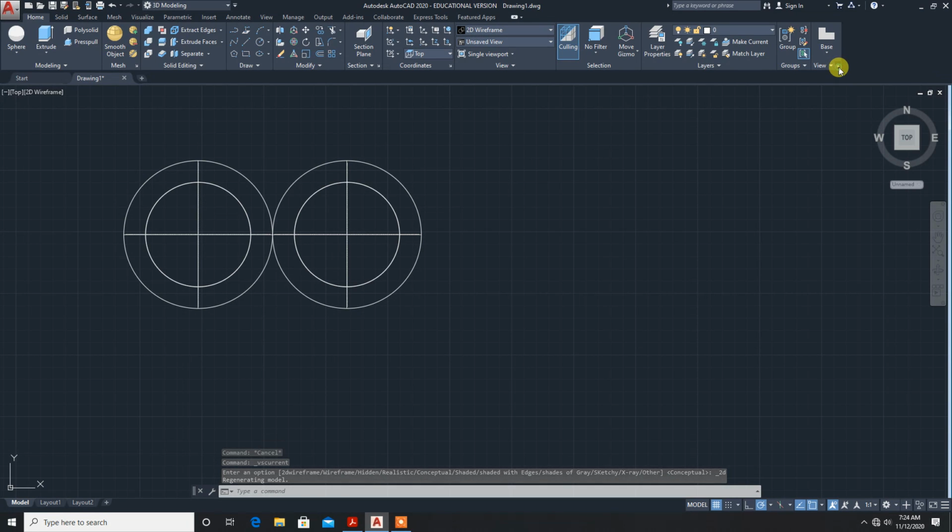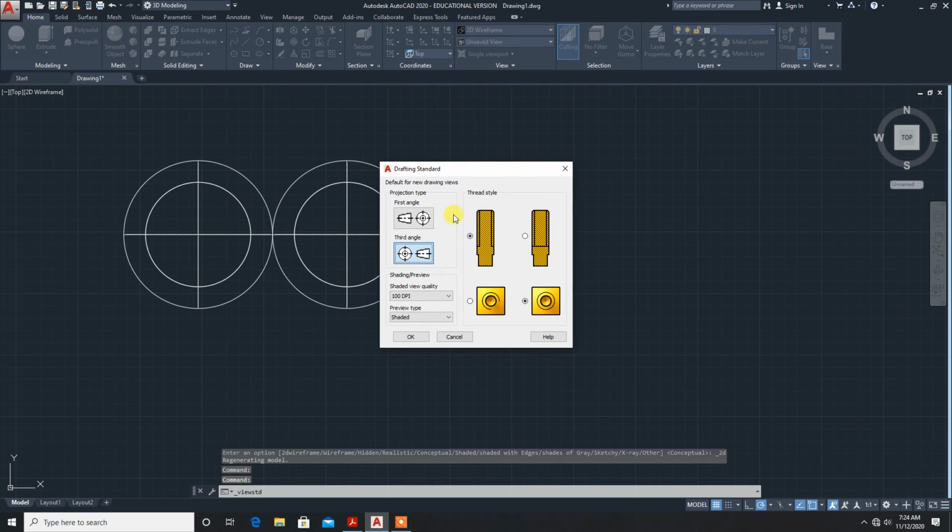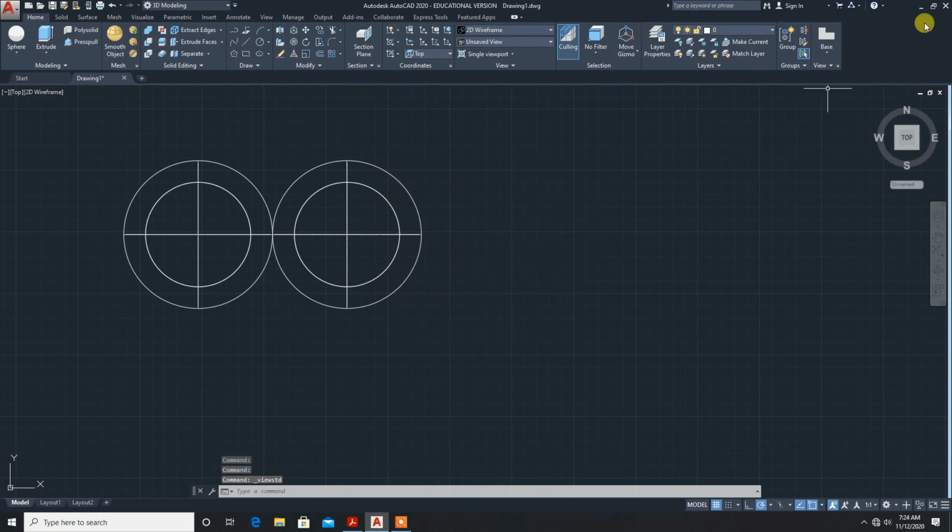Now view, first angle, view base, model 6.4.1, first subdivision, enter.